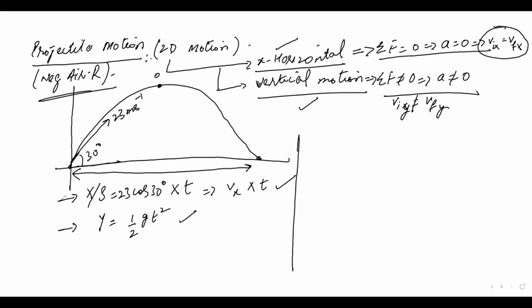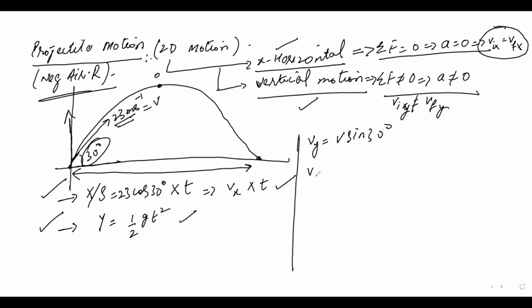Now another thing over here. We've got the horizontal distance, we've got the vertical distance, but how would you calculate the components of the velocity? This 23 meters per second is the resultant velocity, right? This 30 degrees is the launch angle, the angle at which the ball was launched, right? So if you want to calculate the initial vertical velocity, that is going to be the resultant velocity times sine 30, because you're talking about this component of the velocity, right?